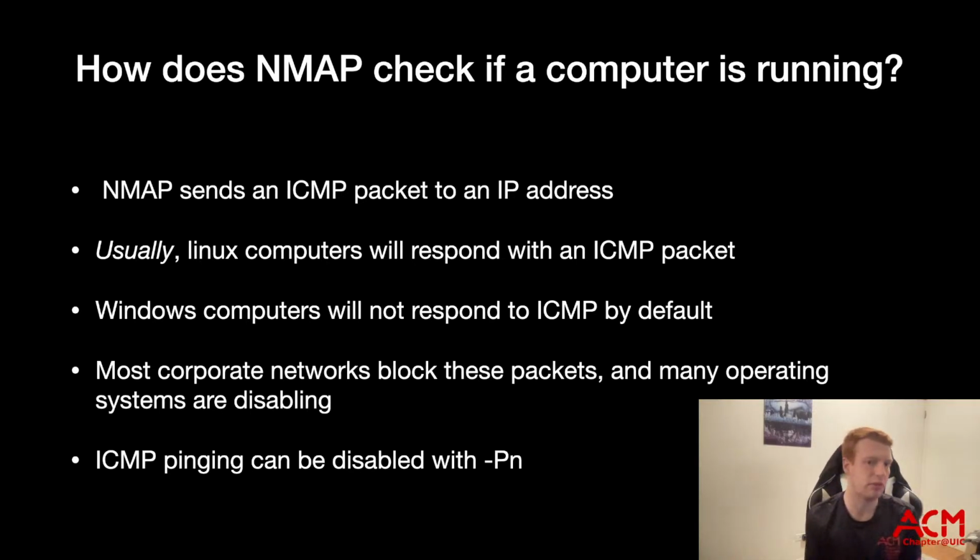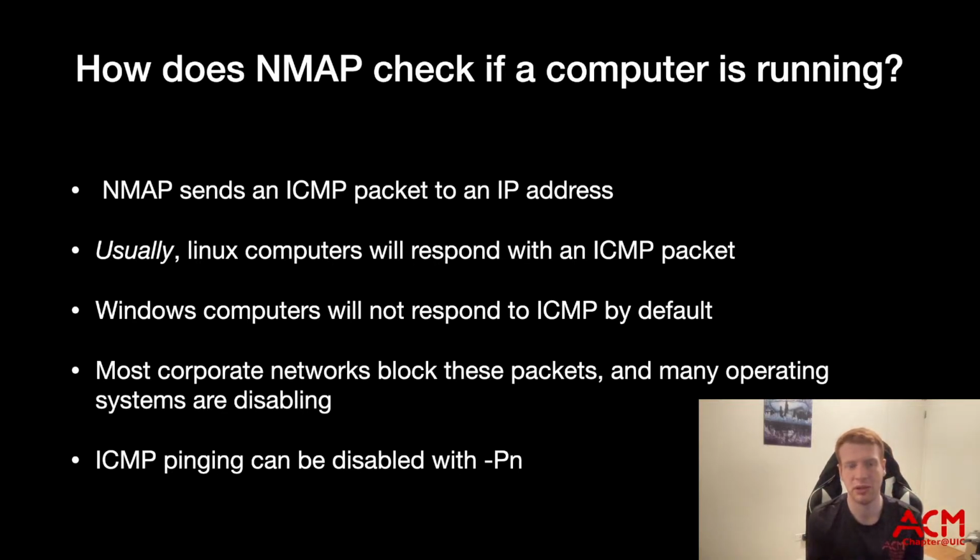I won't explain what that is, but basically it's a packet that expects a response of a similar type. Linux computers by default will respond to ICMP packets, but Windows computers by default will not respond to ICMP.